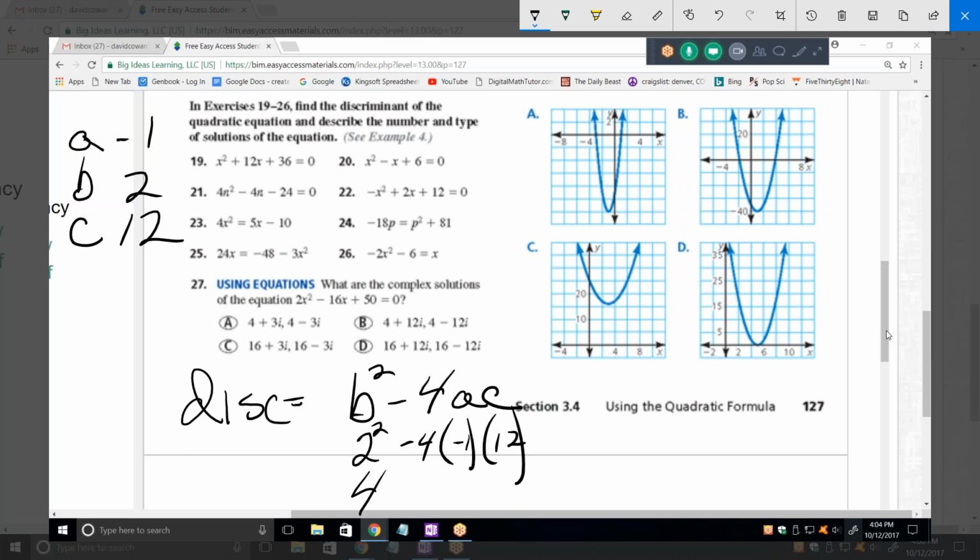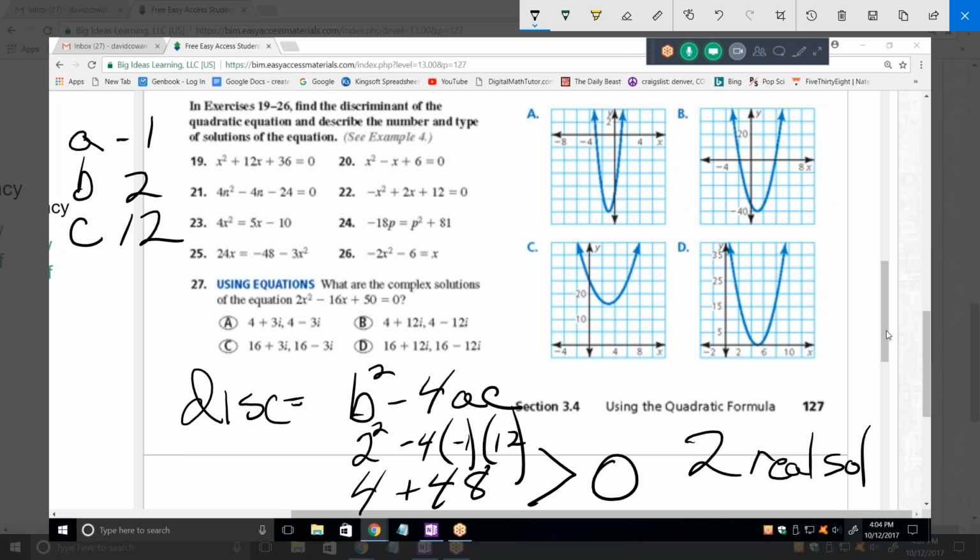Wait, what's 4 times 12? 48. So plus 48. Okay, so it's 4 plus 48, which is greater than 0. What does that tell us if the discriminant is positive? There are 2 real solutions. If it's less than 0, there would be 2 imaginary solutions. And if it's exactly equal to 0, then there is 1 real solution.